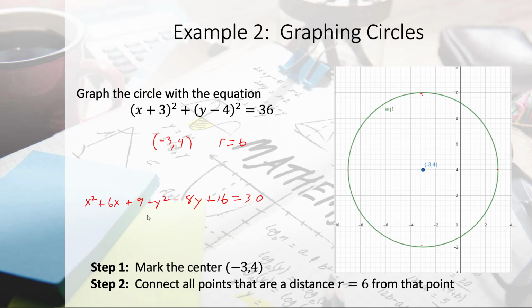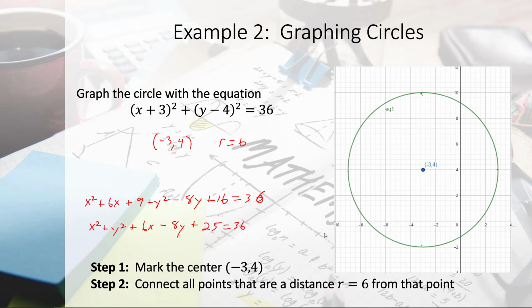Combining like terms, we have 9 plus 16, which is 25. We will have x squared plus y squared plus 6x minus 8y plus 25 is equal to 36.